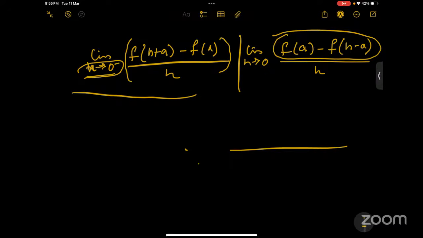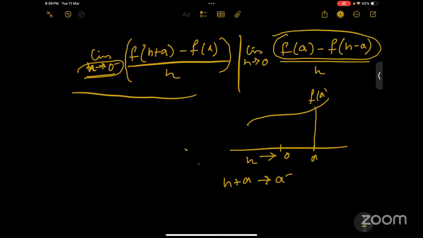When h is tending to 0 from the negative side of 0, that means h plus a will be tending to a from the negative side. Suppose this is our a, then this is our f of a.